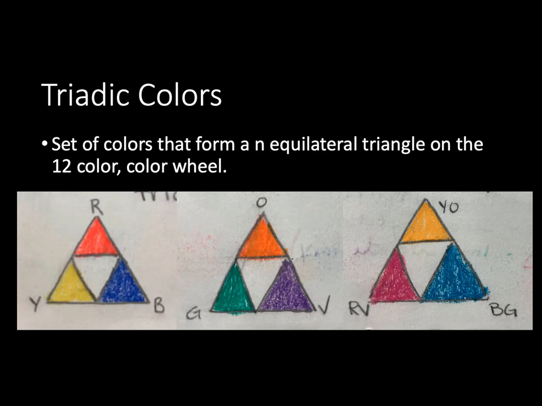So the third example here is the color scheme you would get when you shift that equilateral triangle just a little bit, one set of colors, and you get a color scheme using intermediate colors. They still have the same number of colors in between them. And one example would be yellow, orange, red, violet, and blue, green.